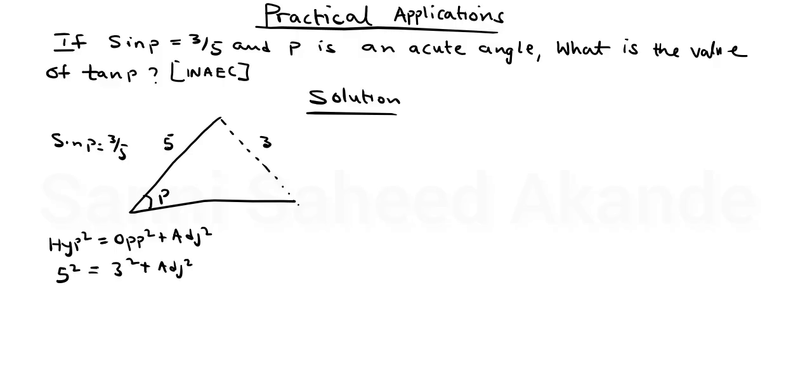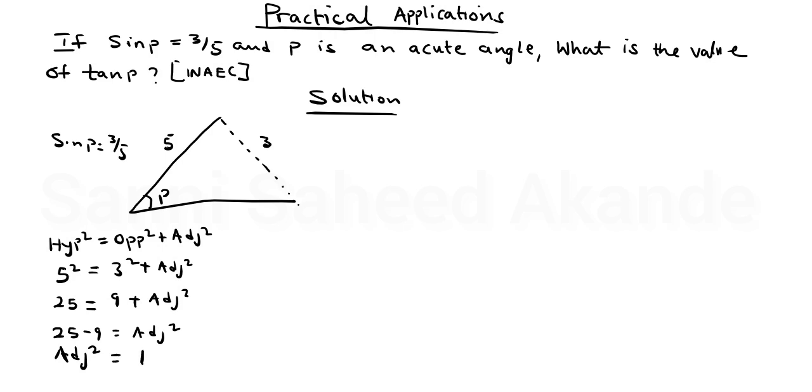So 5 squared is 25, equal to 3 squared, which is 9, plus the adjacent squared. So 25 minus 9 will be equal to adjacent squared. So adjacent squared is equal to 25 minus 9, which gives us 16.